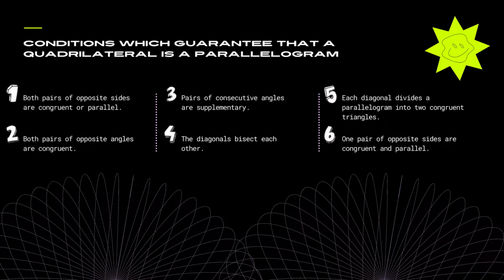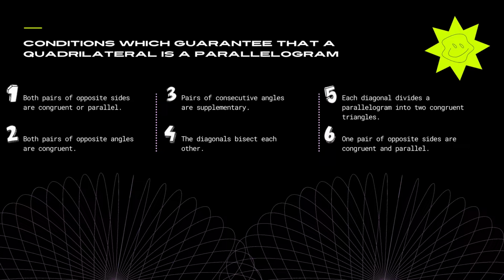To achieve our first objective, which is to be able to determine whether a quadrilateral is a parallelogram, we have here the conditions that guarantee a quadrilateral is a parallelogram. First, a quadrilateral is a parallelogram if both pairs of opposite sides are congruent or parallel. Second is if both pairs of opposite angles are congruent.